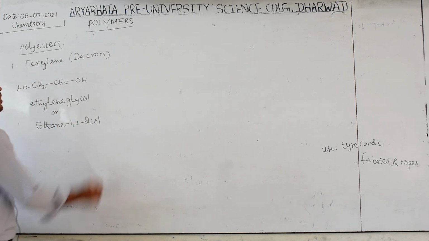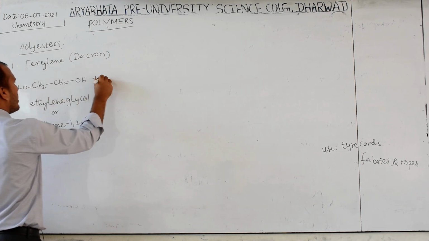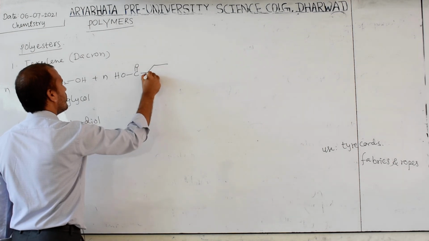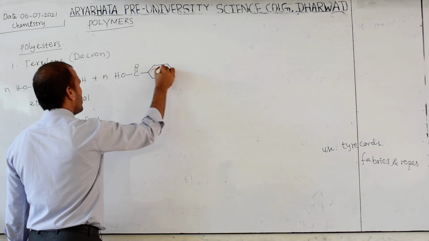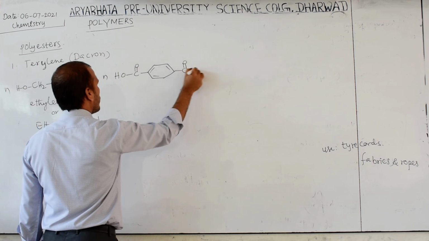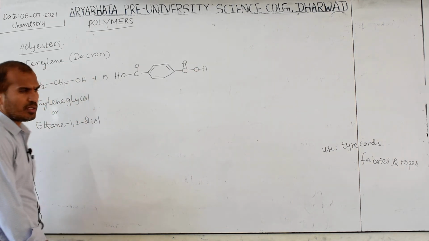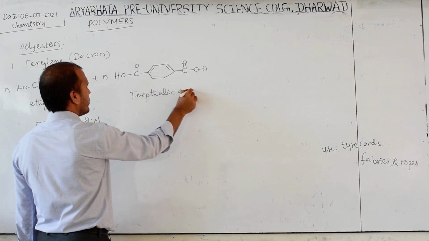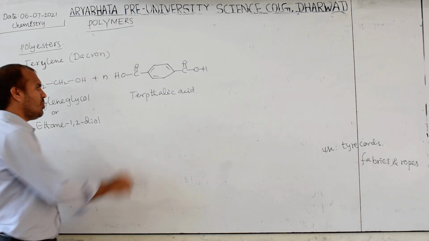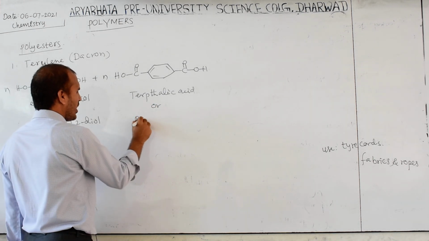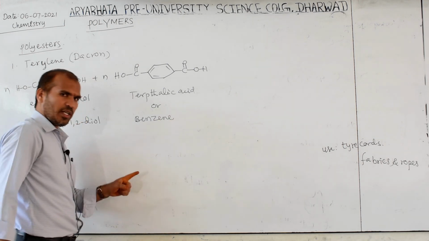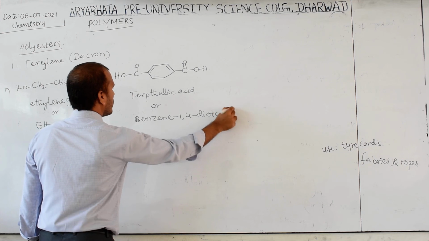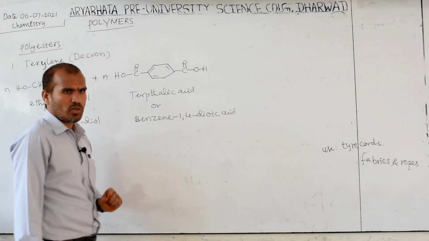This is n mole, then plus n mole of HO, C double bond O, benzene, C double bond O, OH. This is called terephthalic acid, the common name. The IUPAC name is benzene-1,4-dioic acid, because the next letter D is there, therefore E is not removed.